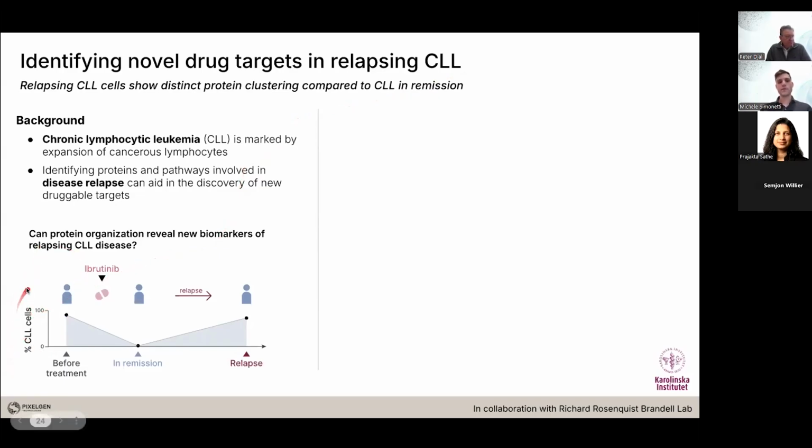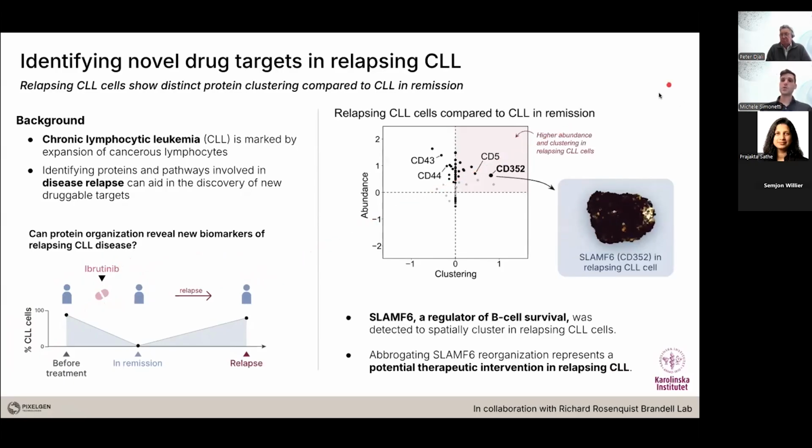So what you see here, you have the percentage of CLL cells. You see that the samples were collected at 3 different time points. You see before treatment, you see in remission, and then you see in relapse. So what you see here is the comparison between abundance and clustering. And what you see here, you see relapsing CLL cells compared to CLL in remission. And in this square here, these are markers that have higher abundance and clustering in relapsing CLL cells.